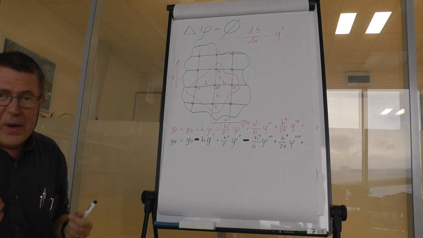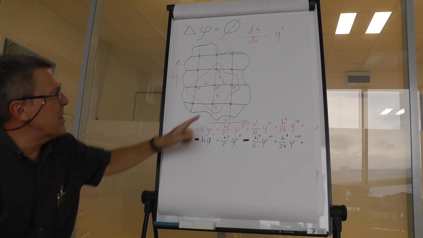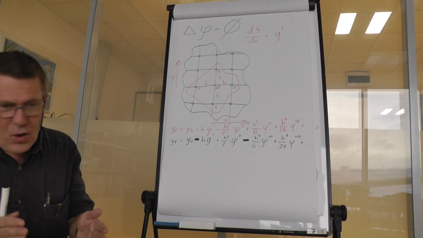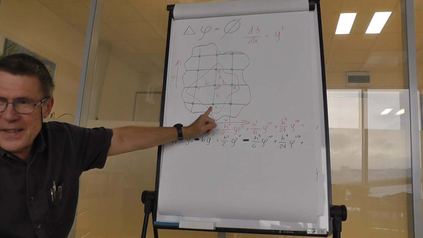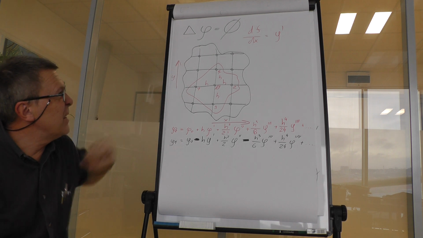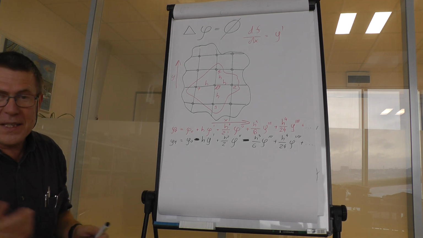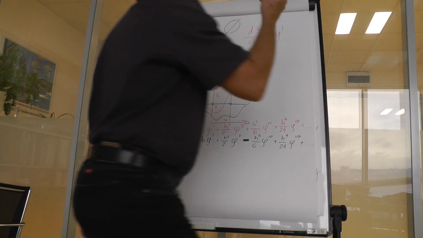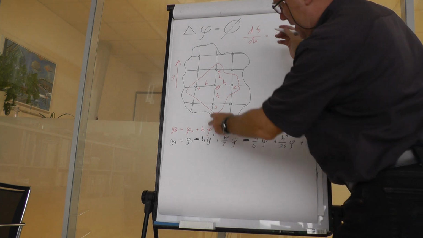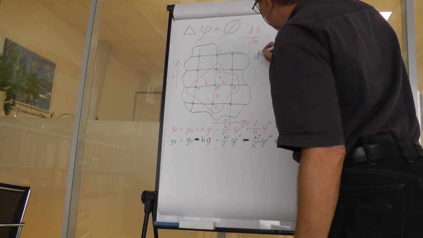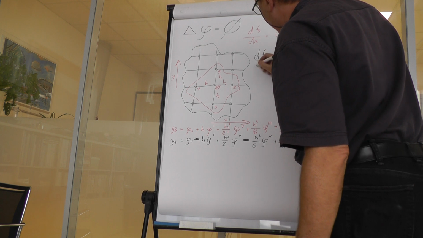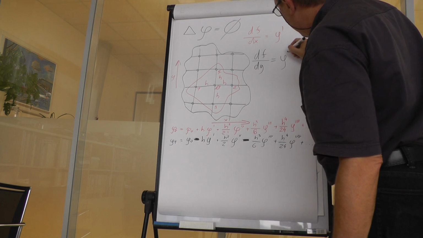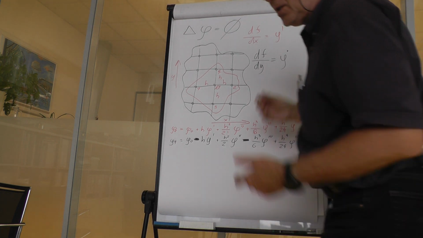Now we would have to handle points 3 and 4, and those points have the same x coordinate as point 0, but they differ in the y coordinate. So we would have to establish some way how to denote derivatives to save space. So a derivative of a function f against y would be denoted like phi with a dot, not apostrophe but a dot.